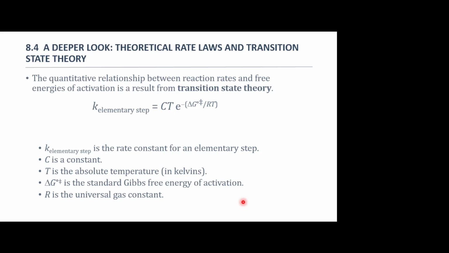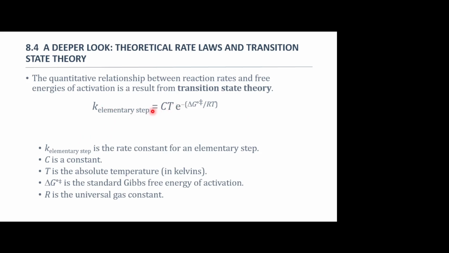Okay, so the quantitative relationship between the reaction rates and the free energies of activation is a result of the transition state theory. This right here being the transition state theory in a calculation with an equation. K is going to be your elementary step rate constant right here.